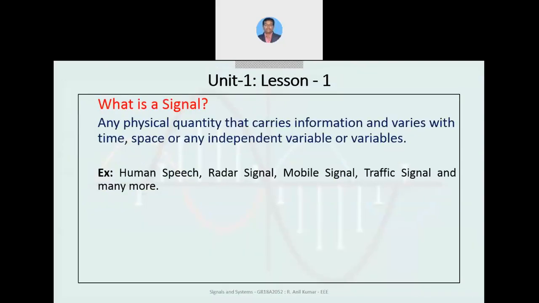So what do we mean by signal? A normal signal consists of a physical quantity that carries some information, and it depends on various parameters like time and environmental conditions. Some examples are human speech, radar signal, mobile signal, traffic signal, and so on.